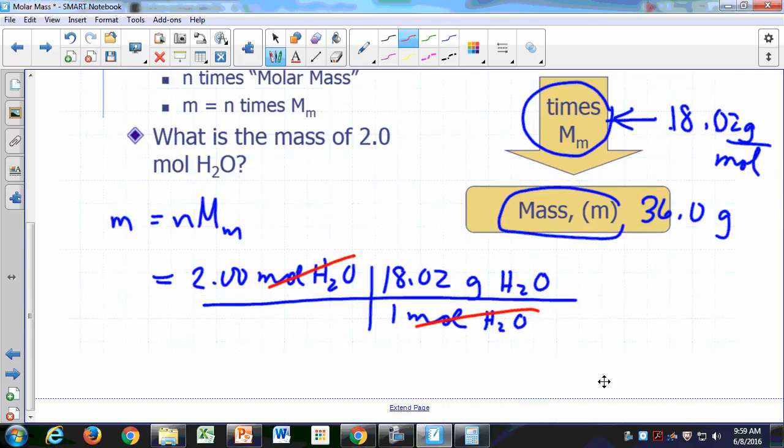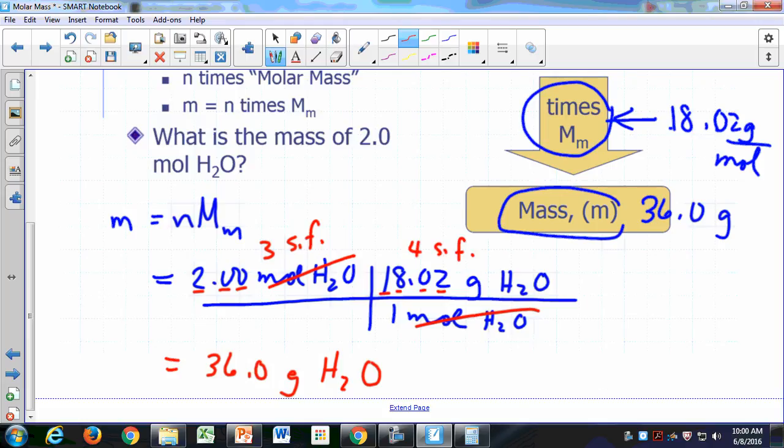Okay, and so you can see that the answer there is 36.0 grams of H2O. Why 36.0? I have 3 significant digits here, 2.00, and 4 significant figures here, so the answer should only have 3 significant figures.